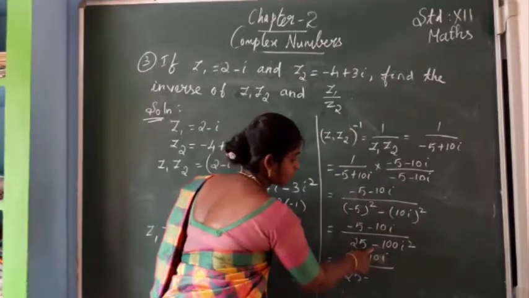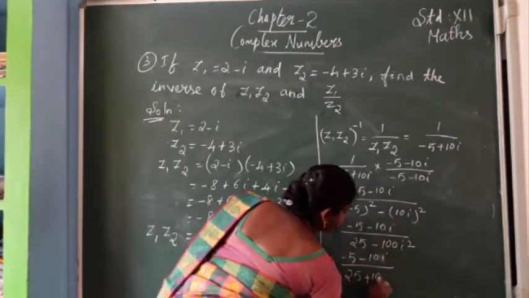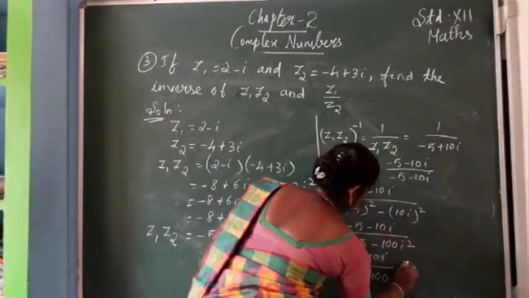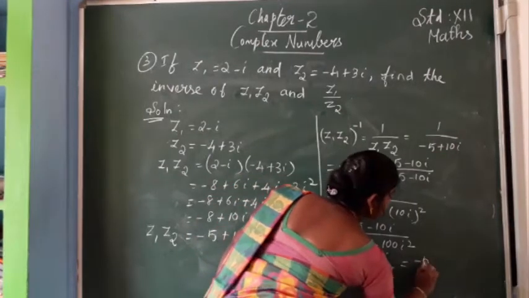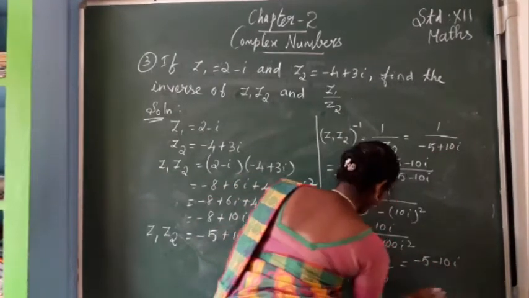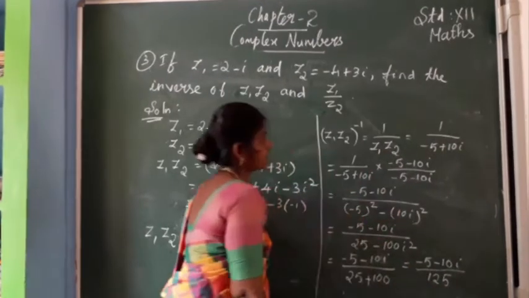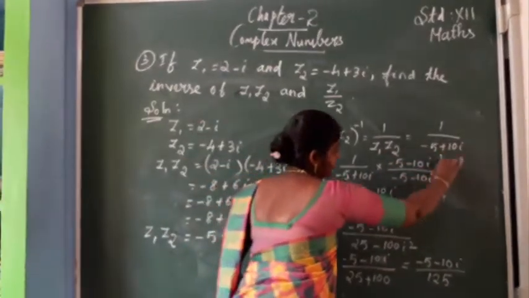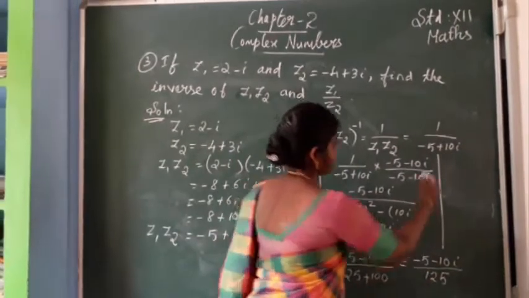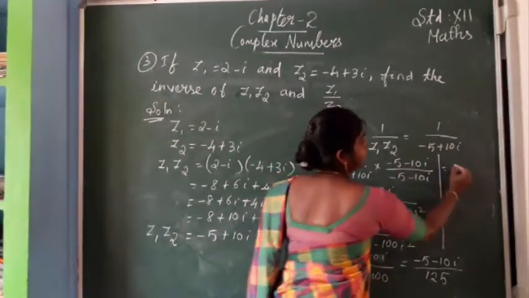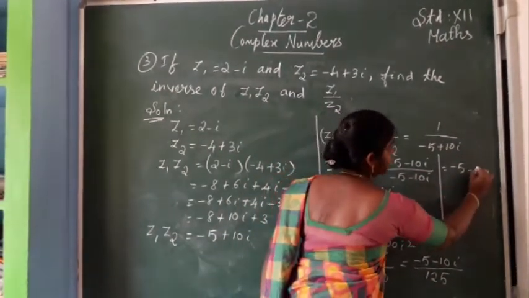So minus into minus plus, plus 100, equal to minus 5 minus 10i divided by 125. So that's equal to minus 5 minus 10i.